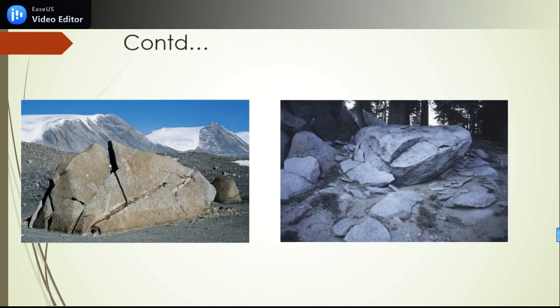Here are examples of frost wedging. You can see it happens where there is ice. You can see in the background there is ice. This is another example of frost wedging.